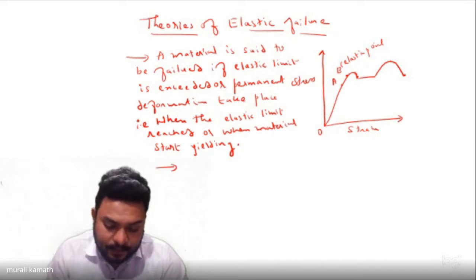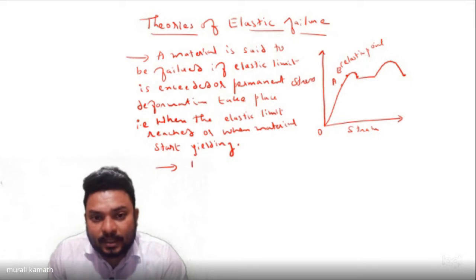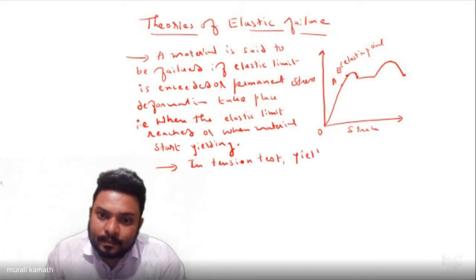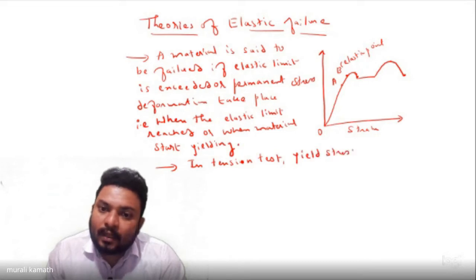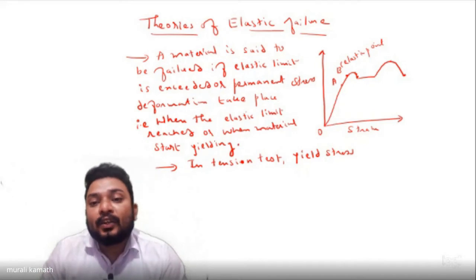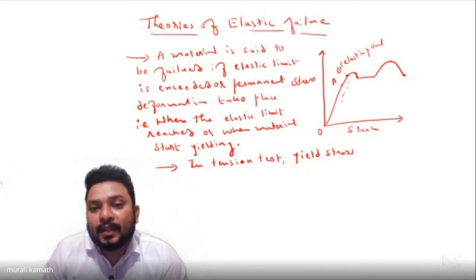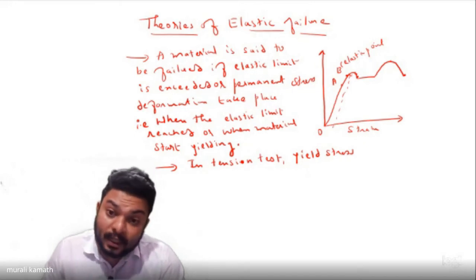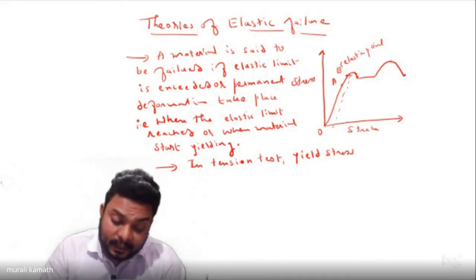Another point is, in a tension test, the yield stress for mild steel is clearly known. If it is not mild steel, you draw the proof stress, and wherever the offset line cuts the curve, that is your proof stress.